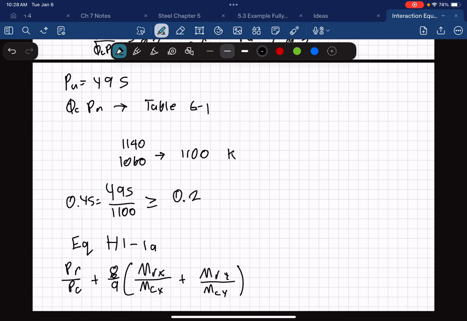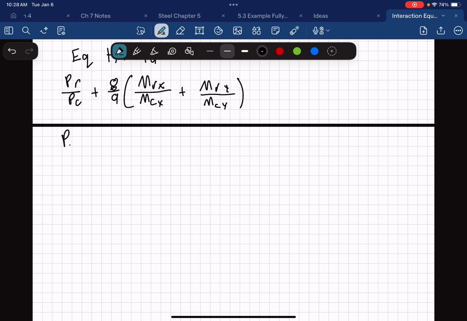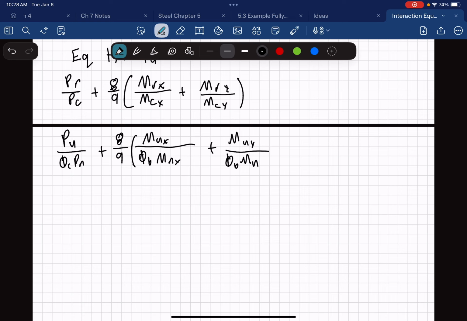And let's rewrite this for LRFD. So this is going to be Pu over phi c Pn plus 8/9 times Mux over phi b Mnx plus Muy over phi b Mny.